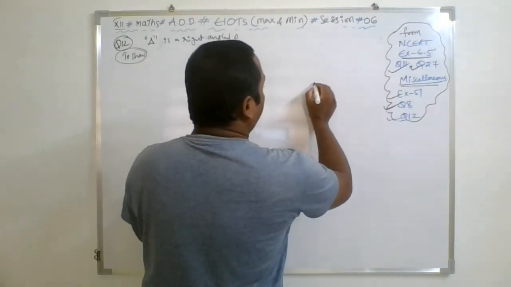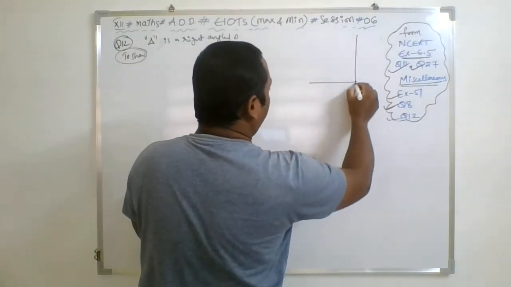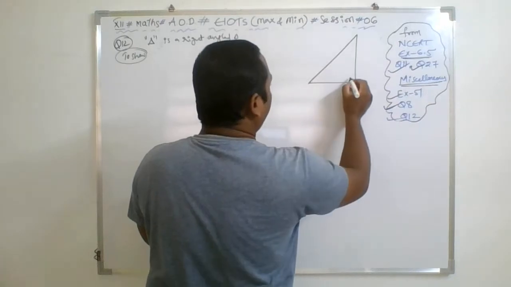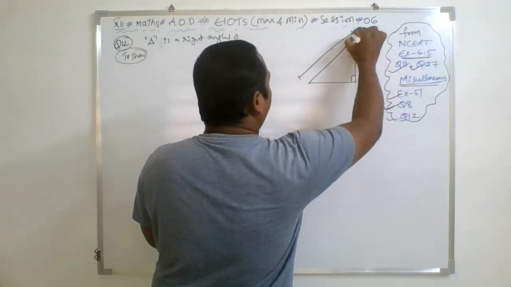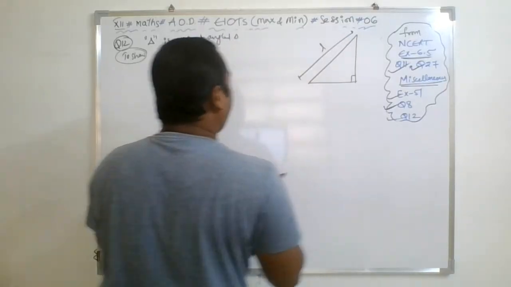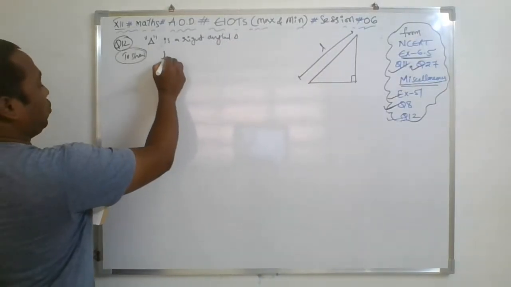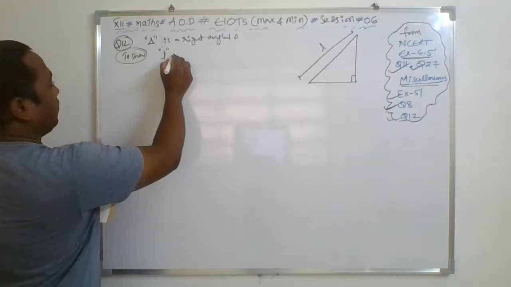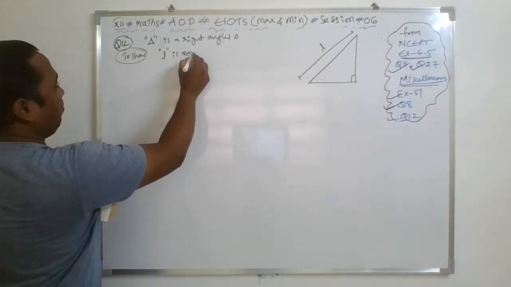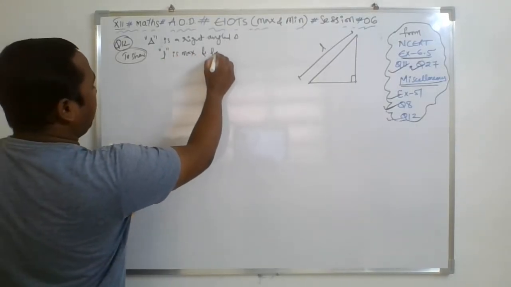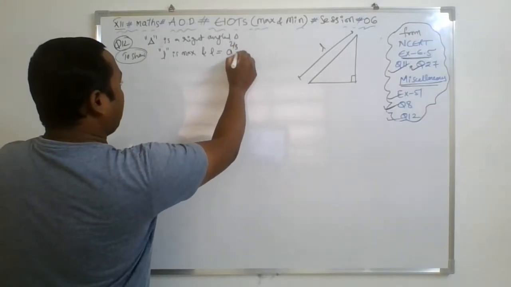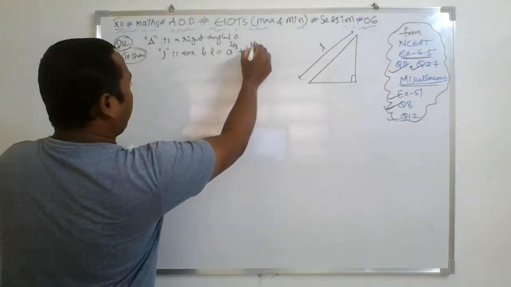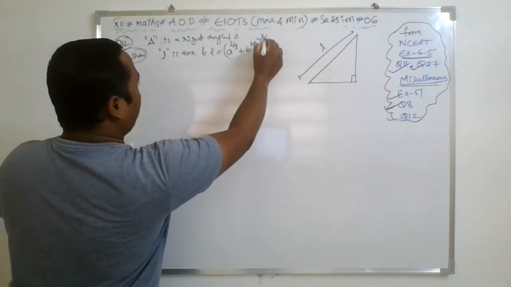So first try to draw the figure, because without the figure you can't imagine what I'm going to discuss. Let the length of the hypotenuse of the right angle triangle be L. We have to show L is maximum and the value is (a to the power of 2 by 3 plus b to the power of 2 by 3) whole to the power of 3 by 2.